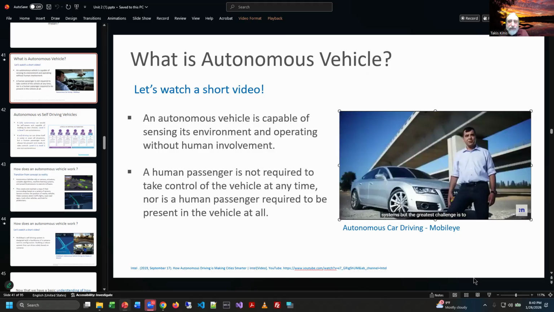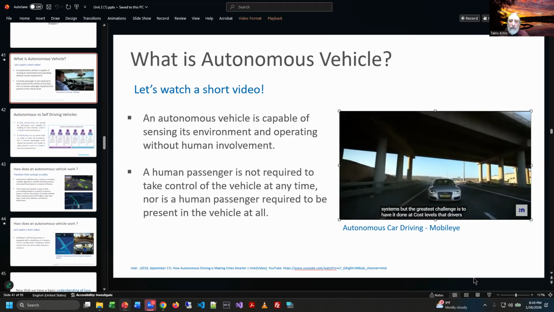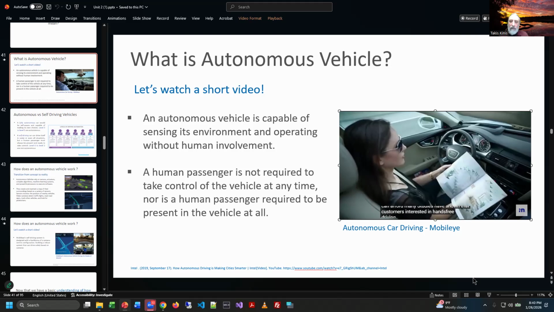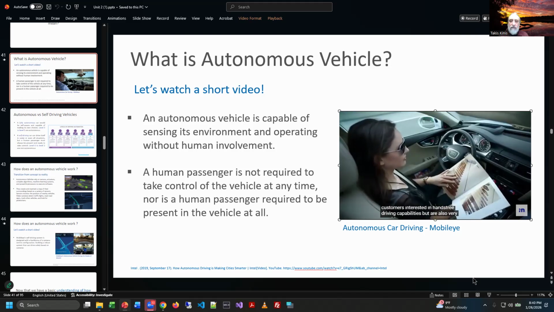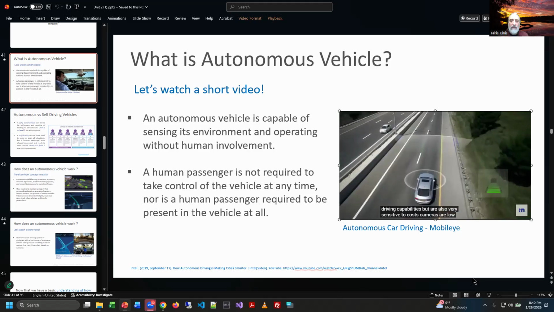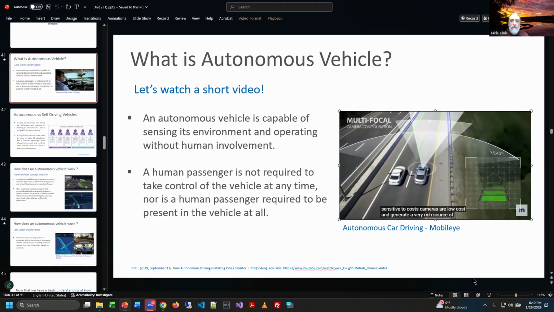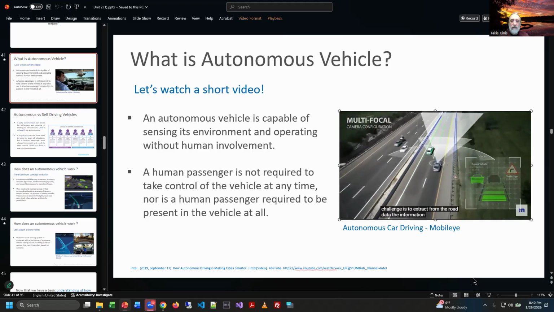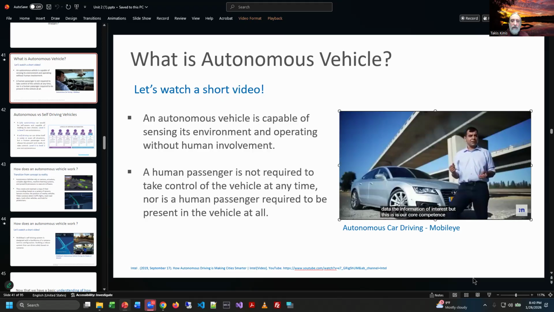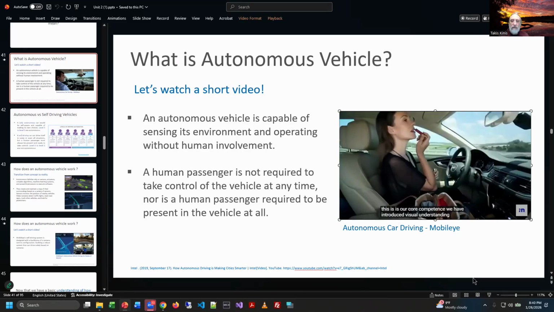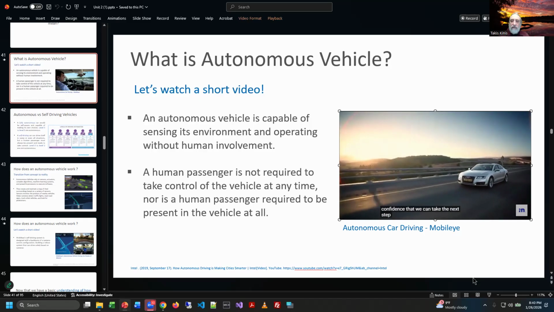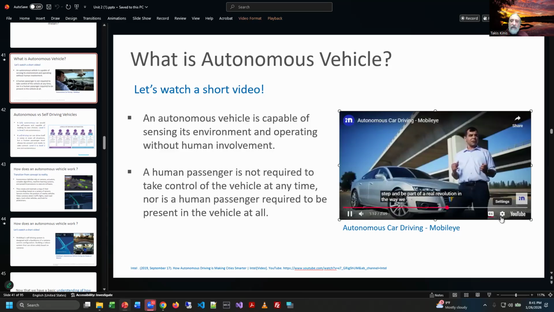But the greatest challenge is to have it done at cost levels that drivers can afford. Many studies have shown that customers are interested in hands-free driving capabilities but are also very sensitive to costs. Cameras are low cost and generate a very rich source of information about the scene. The challenge is to extract from the raw data the information of interest, but this is our core competence. We have introduced visual understanding functions for active safety that no one before us managed to do. We have full confidence that we can take the next step and be part of a real revolution in the way we drive.